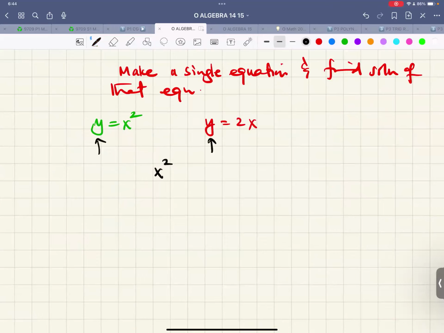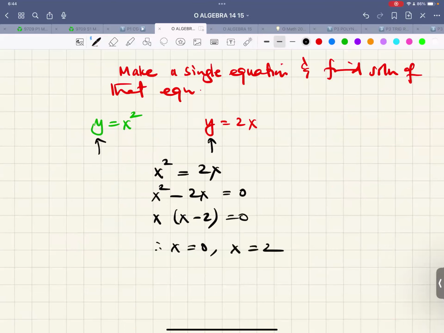And they both are equal to y. And if I have x squared equals 2x, let me solve this. x squared minus 2x equals 0. x common, x into x minus 2 equals 0. What do I get? x equals 0, x equals 2.